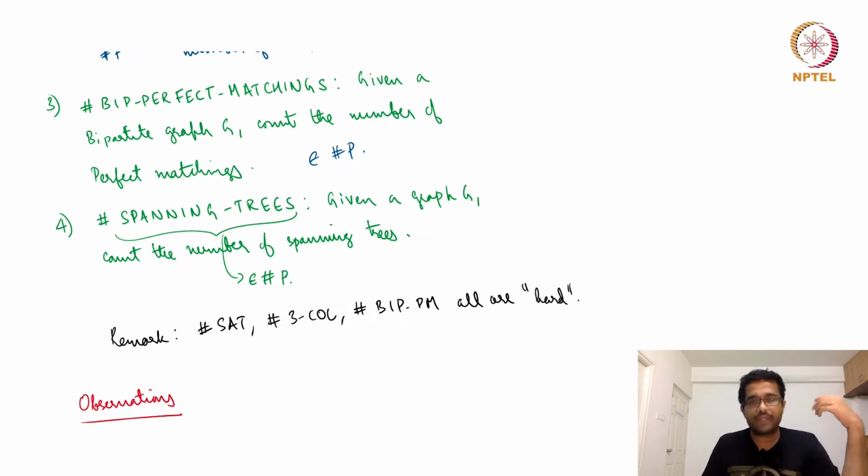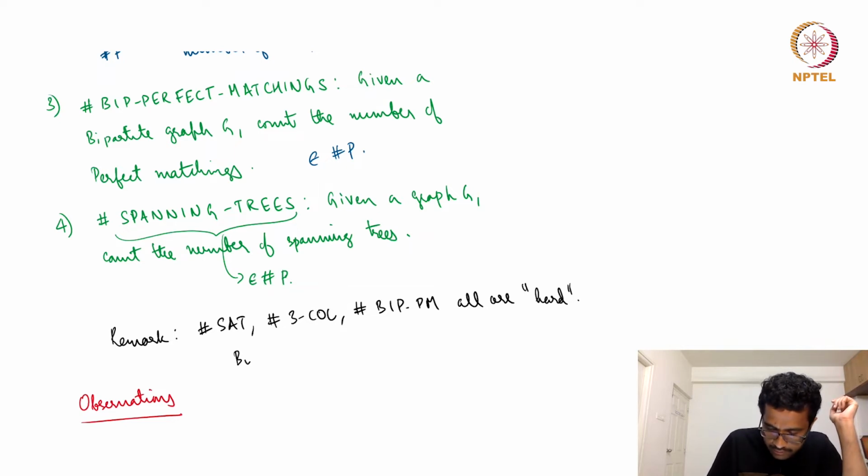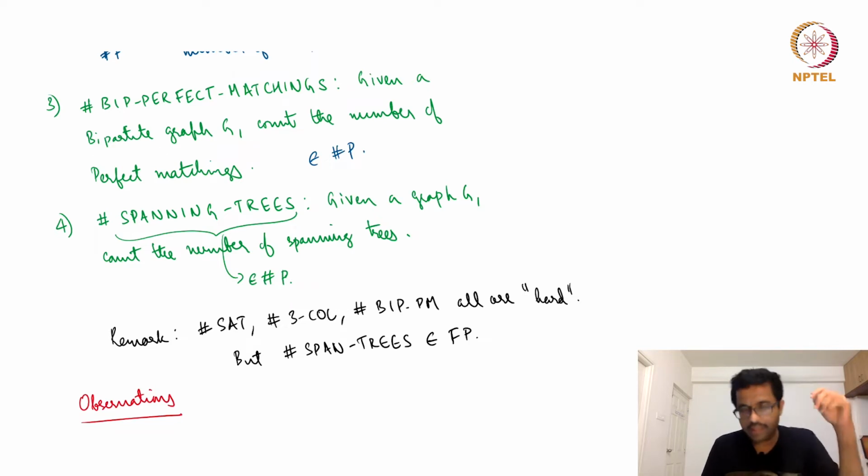Later we will see #P-completeness, and in fact all three of them are #P-complete. But #spanning trees is actually in FP, which means there is a deterministic polynomial time algorithm to compute this. So basically it boils down to a determinant computation.